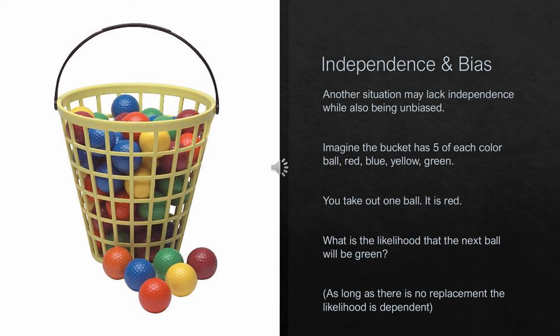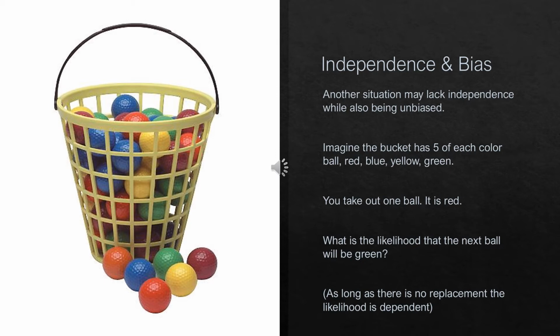Well, the initial likelihood that you would get a red ball is 1 in 4, 1/4, because there's 5 of each. But once you've taken one out, now there's fewer balls in the bucket, and if there's fewer balls in the bucket, then the odds have shifted. Now there's only 4 red balls, and so the likelihood of getting a green, blue, or yellow ball has gone up.